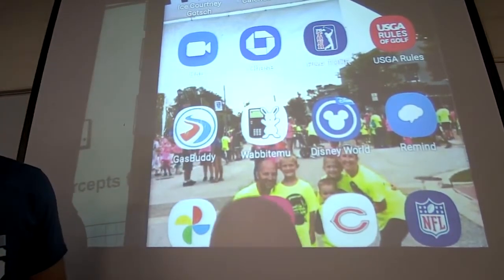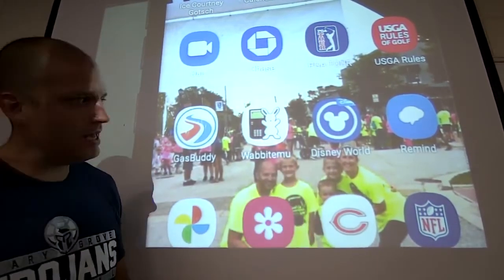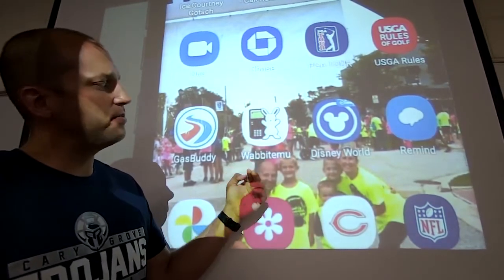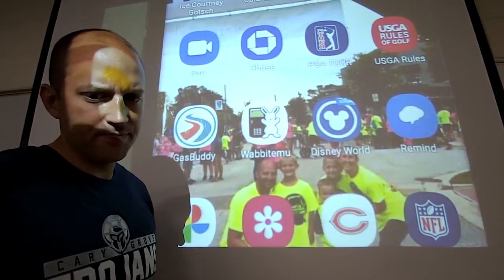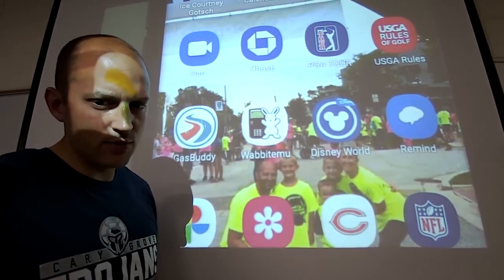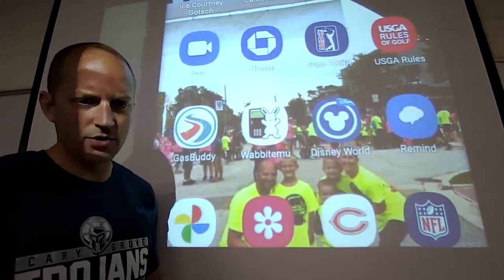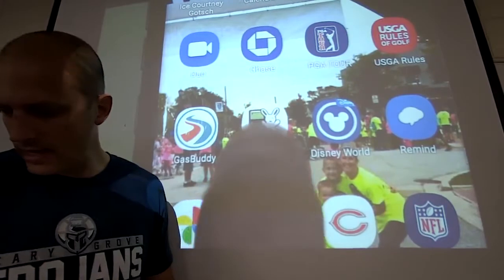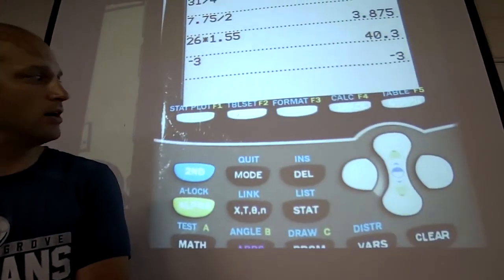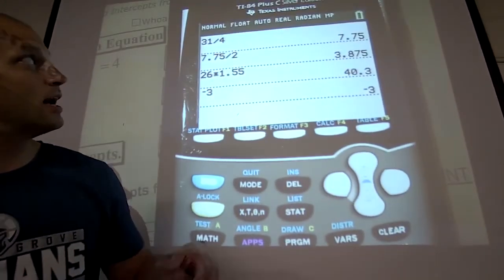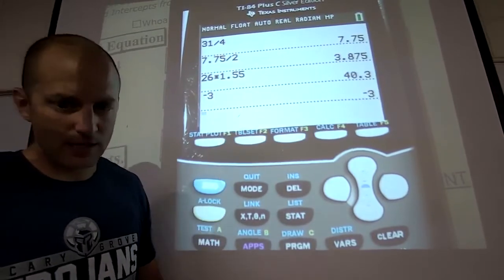I have an Android. And if you have an Android phone like me, you can download the app called Wabbitemu. Look that up. You click on that, and that is an emulator of a TI-84. And I have the colored edition here. Look how pretty that is.